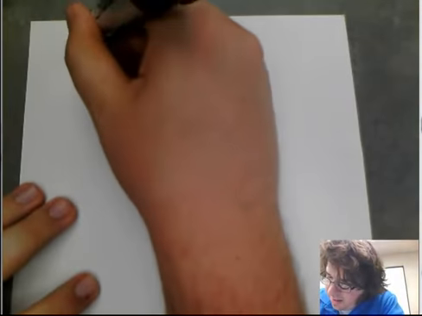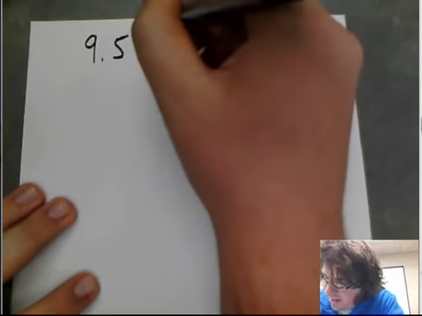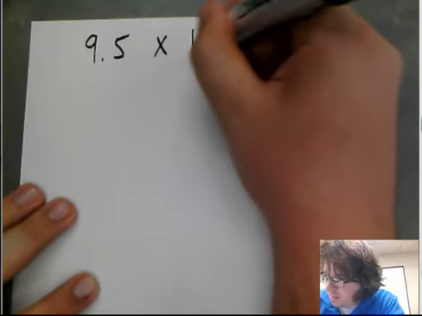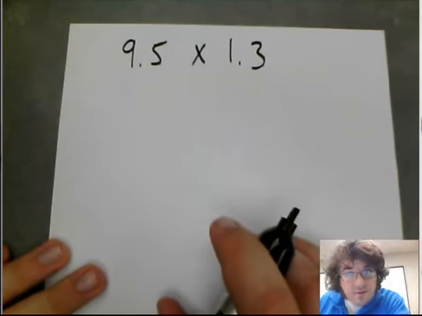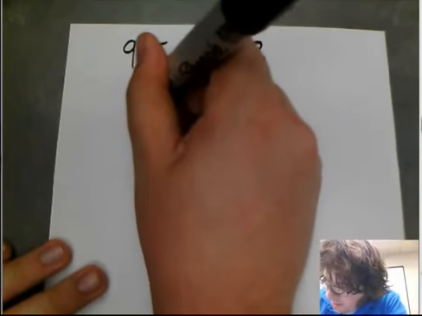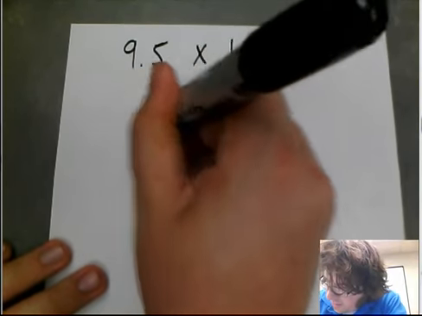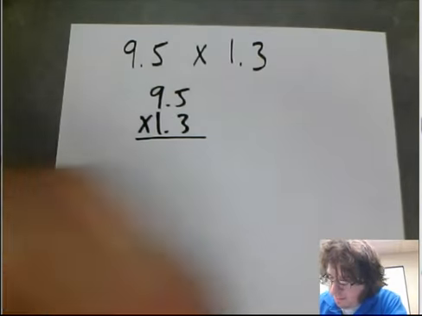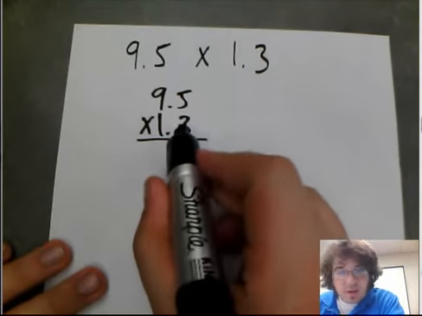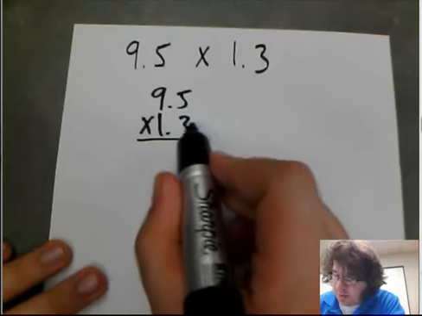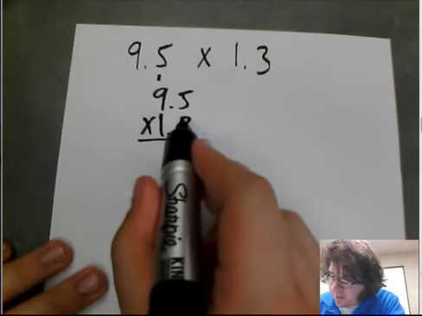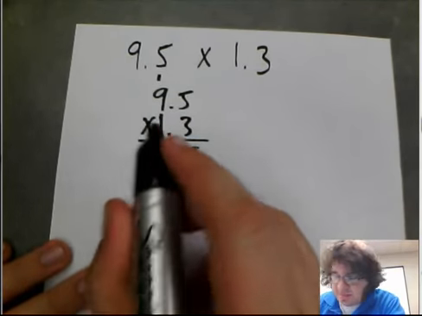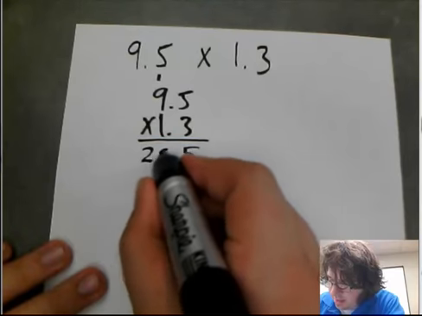Now, I'm going to do another one. Let's say we have 9.5 times 1.3. This one's a little bit more difficult. Again, I'm going to write it vertically. Now, we're going to go through our same multiplication as we always do. 3 times 5 gives me 15, write the 5. Carry the 1. 3 times 9 is 27 plus 1 is 28.